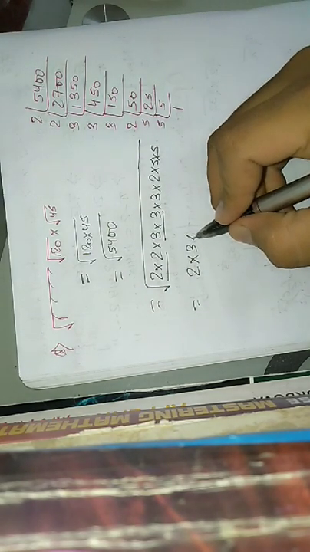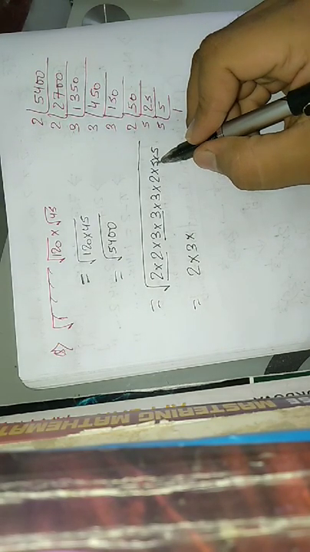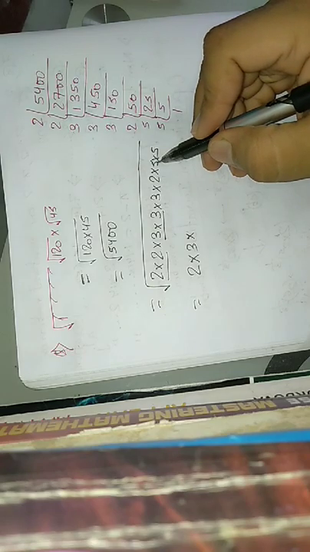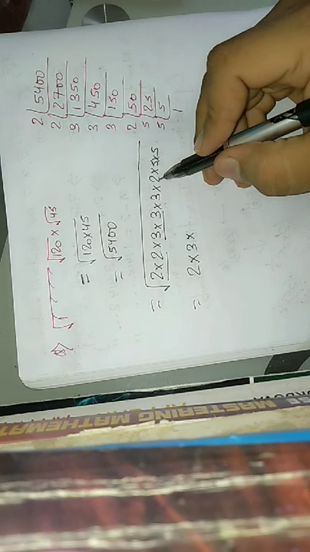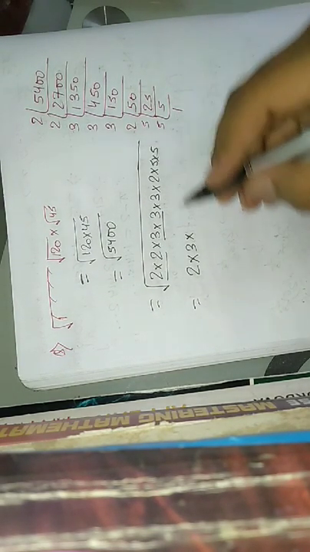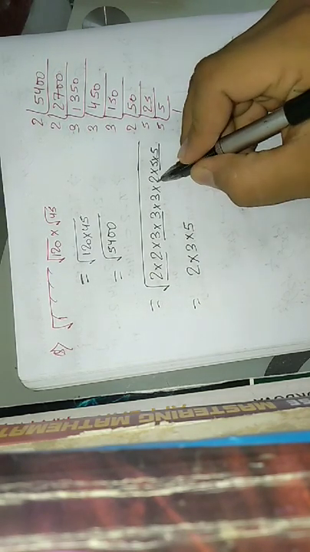Done. 5 into 5 is 25, and the square root of 25 is 5 only. So this is also done.